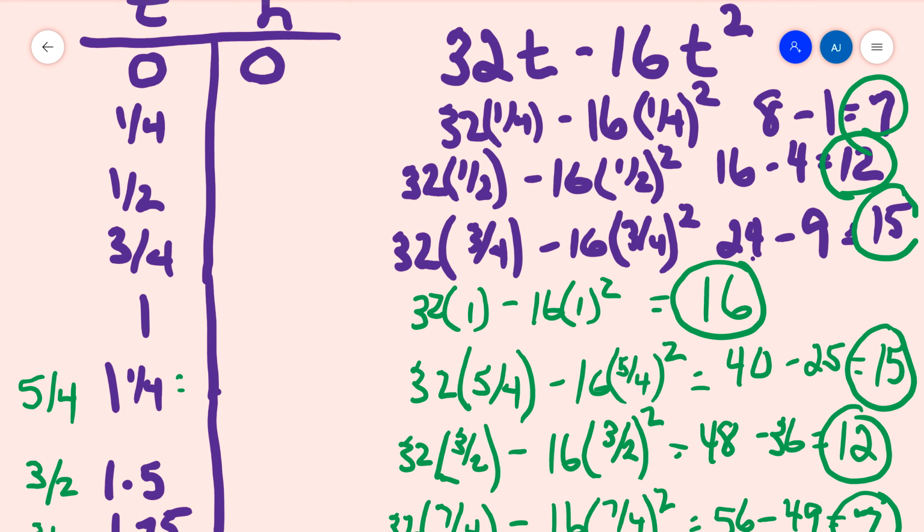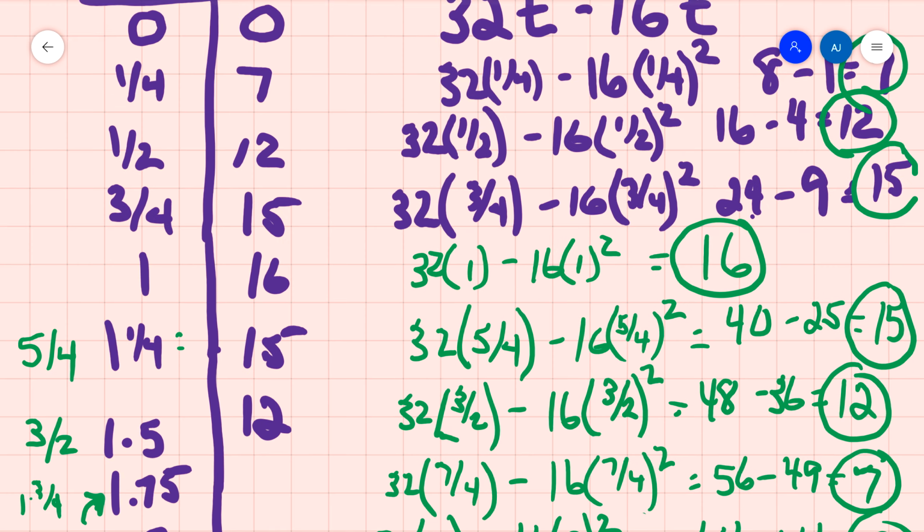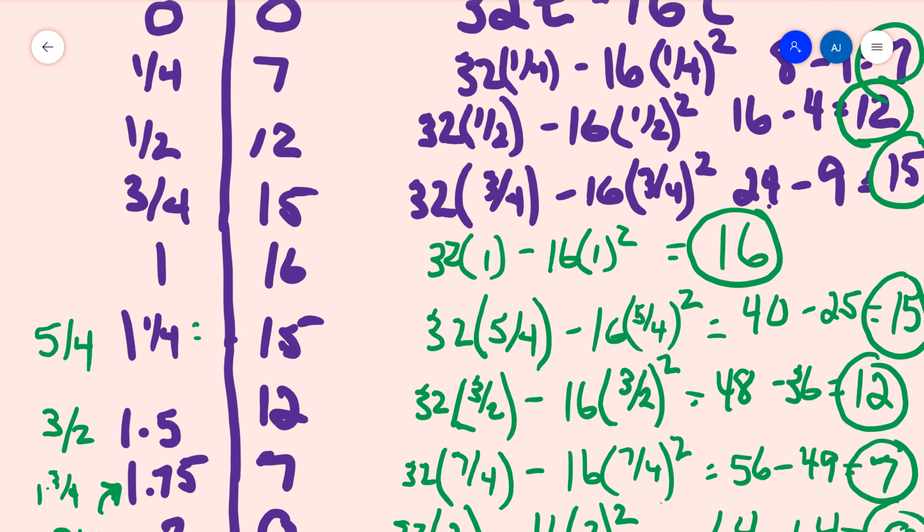All right, so it's going to look like this: 0, 1/4 is 7, then 12, then 15, then 16, 15 again, coming down the other side. After you toss the ball, it makes that arc: 12, 7, and then back to 0 after 2 seconds.